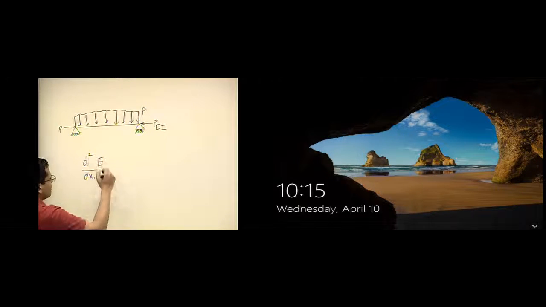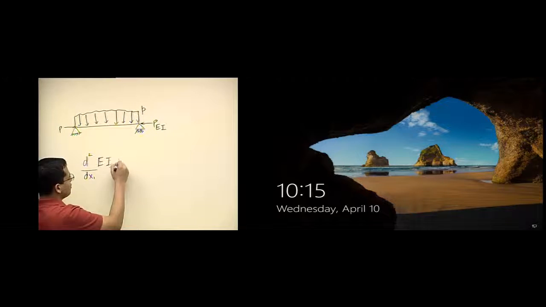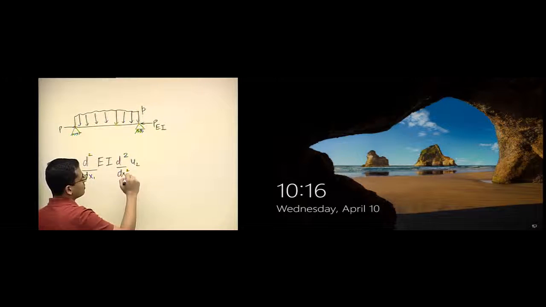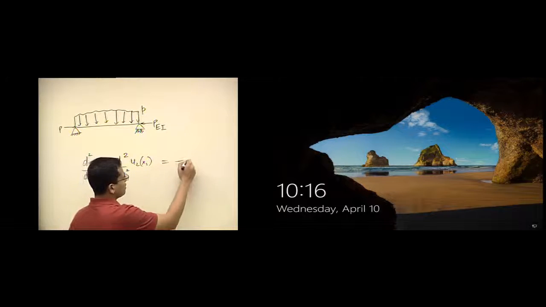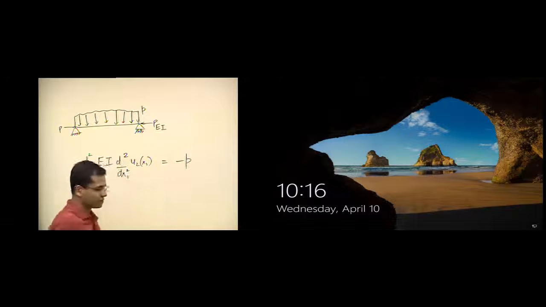Let me help you. EI d squared u2 over dx1 squared equals minus m3.